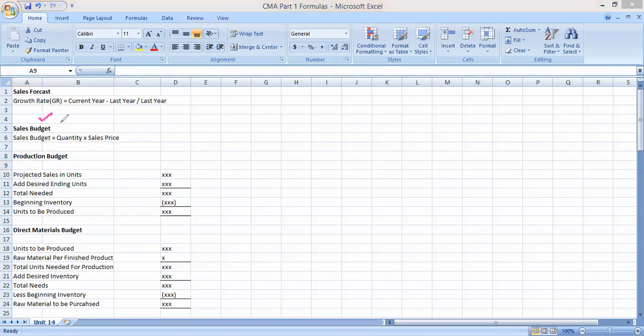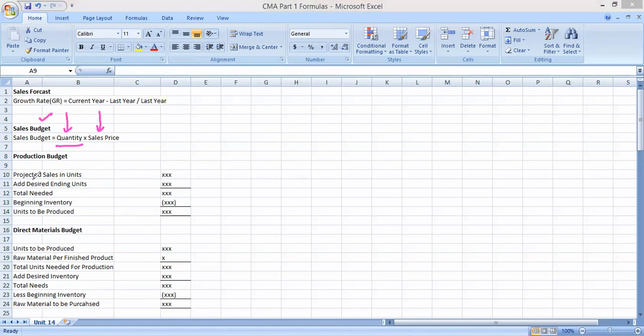Sales budget, students, means once you have estimated the quantity, which you estimate based on so many factors, like you will consider the average annual growth rate, economic factors, the competitive situation in the market, government regulations. By considering different factors, you will estimate the quantity. That estimated quantity you just need to multiply with the sales price, and you will have the sales budget.